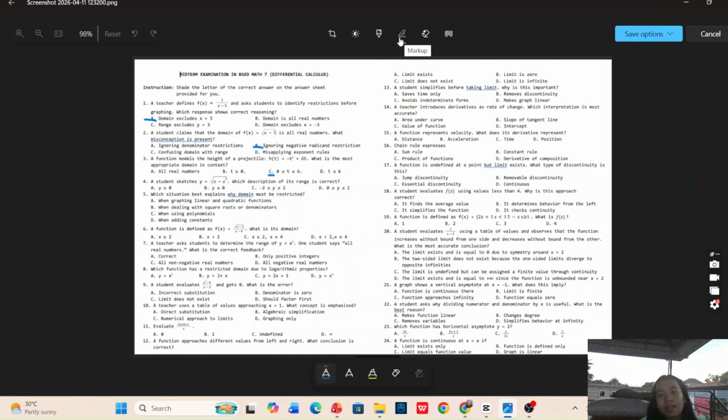Number 13, a student simplifies before taking the limit. Why is this important? Among the choices, the correct answer is letter C. It avoids indeterminate forms.